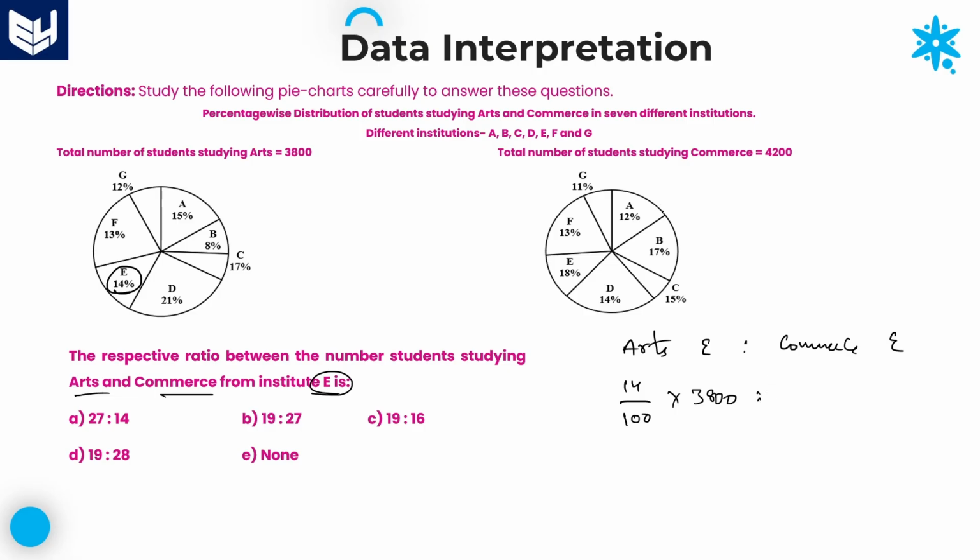And next, Commerce Institute E, 18%. 18% of the total value 4200.